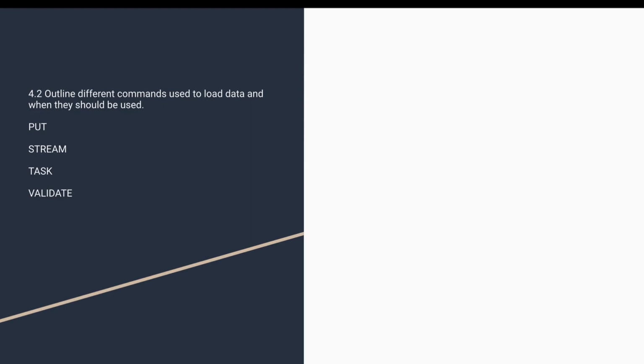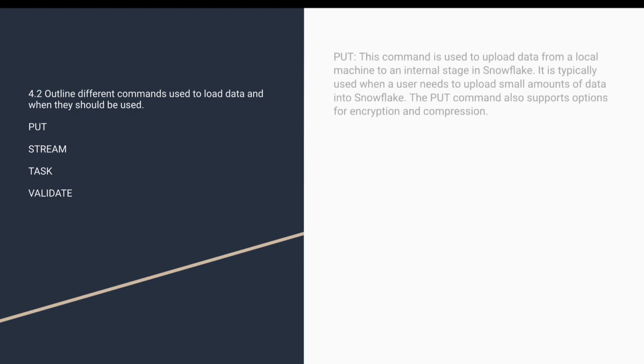The other thing is the streams, we will see this. As per the definition, this command is used to upload data from a local machine to an internal stage in Snowflake. It is typically used when a user needs to upload a small amount of data into Snowflake.